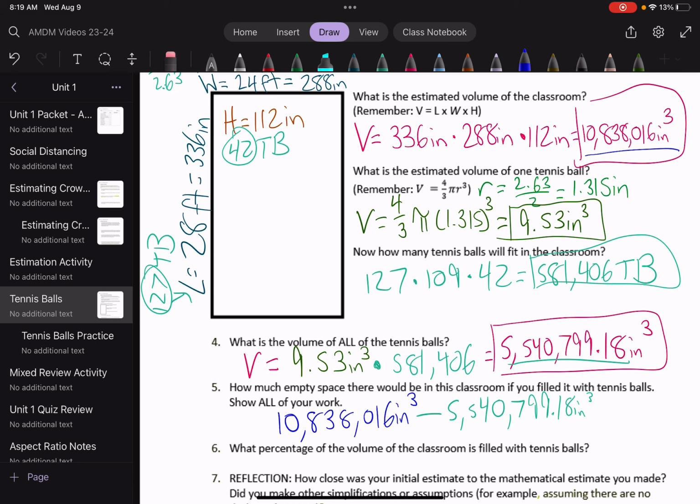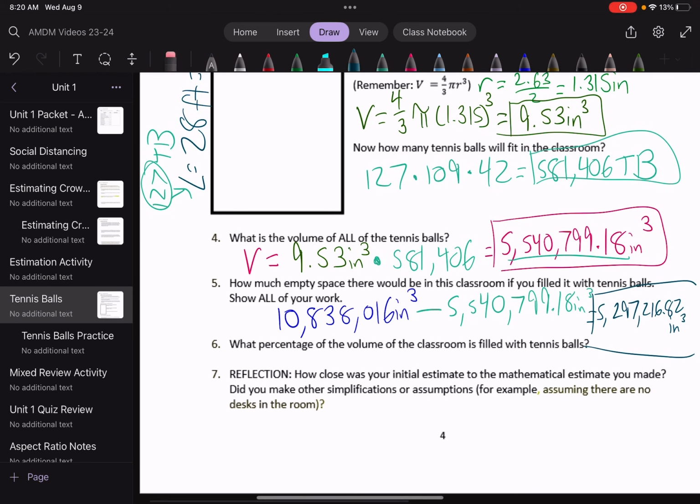This is going to give me the empty space. So this is telling me what amount of empty space is left within the classroom. So I'm going to take 10,838,016 and subtract 5,540,799.18. This is going to tell me that the empty space is 5,297,216.82 inches cubed. So that's the empty space of the classroom.